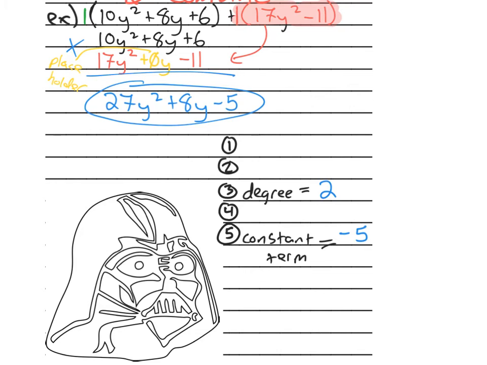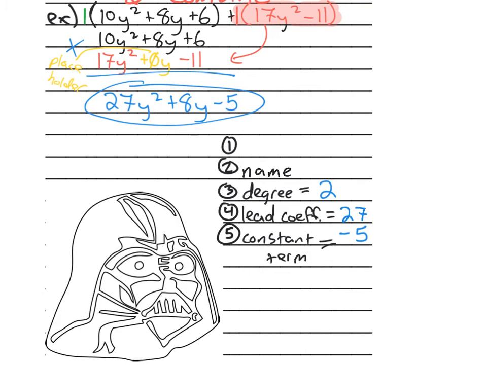Give me another thing to describe this. The leading coefficient. And what is our lead coefficient here? 27. 27 is always the coefficient with the variable that has the degree, or the greatest power. What's another thing we could say? The name.